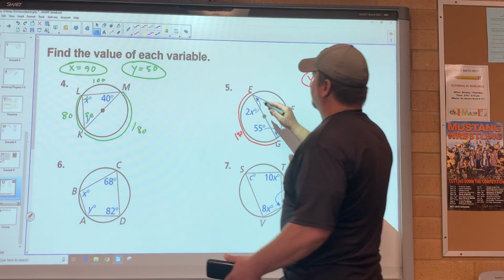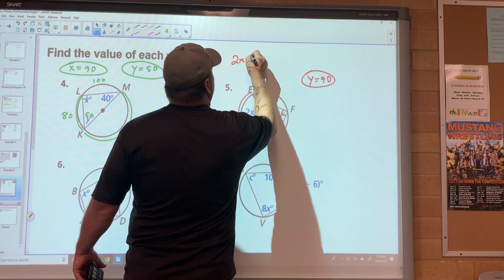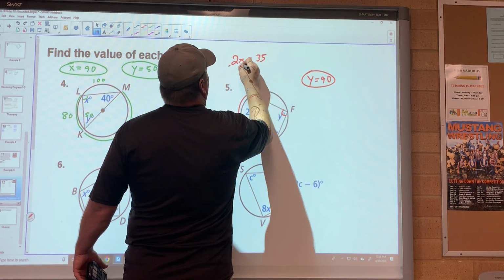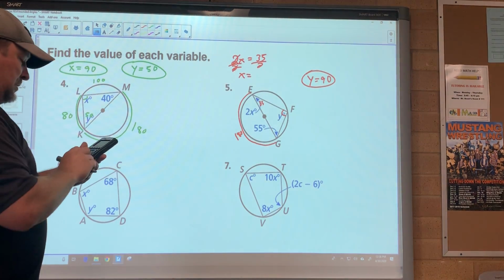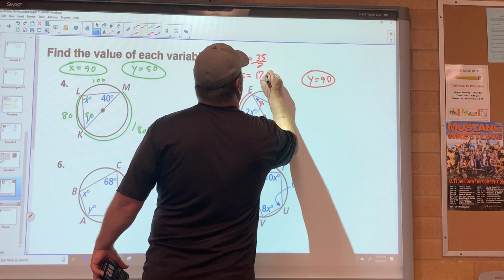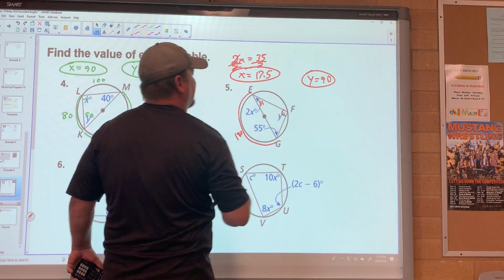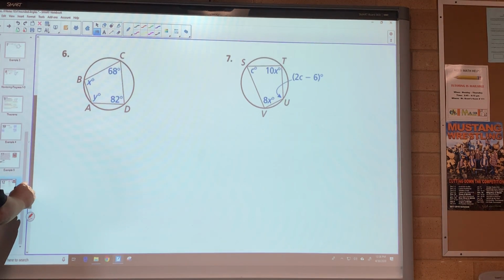We get 35, and so this one here has to be 35. And so we'll go 2x equals 35, divided by 2. X is going to be 17 and a half. So 17.5 for that.